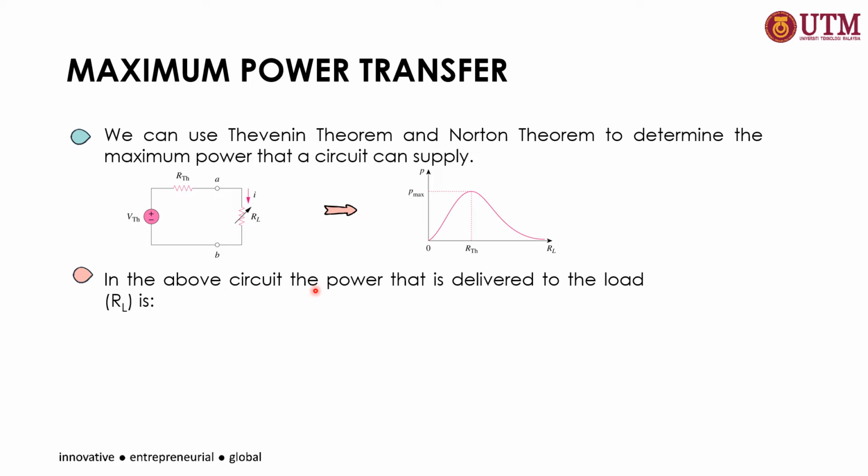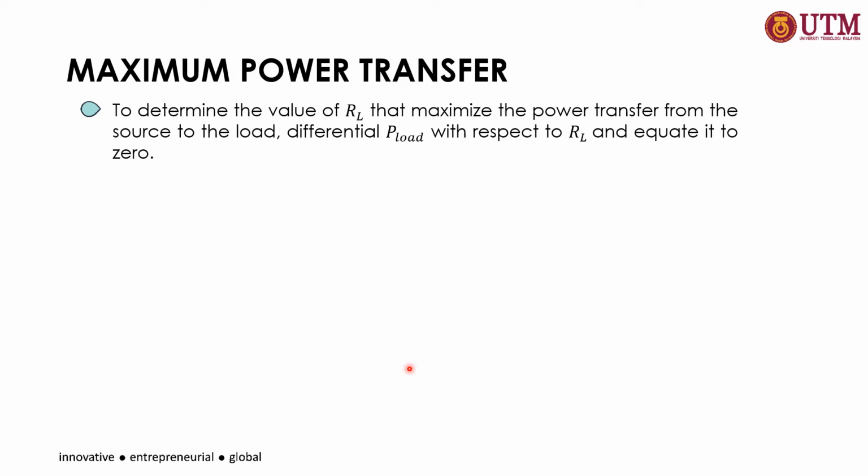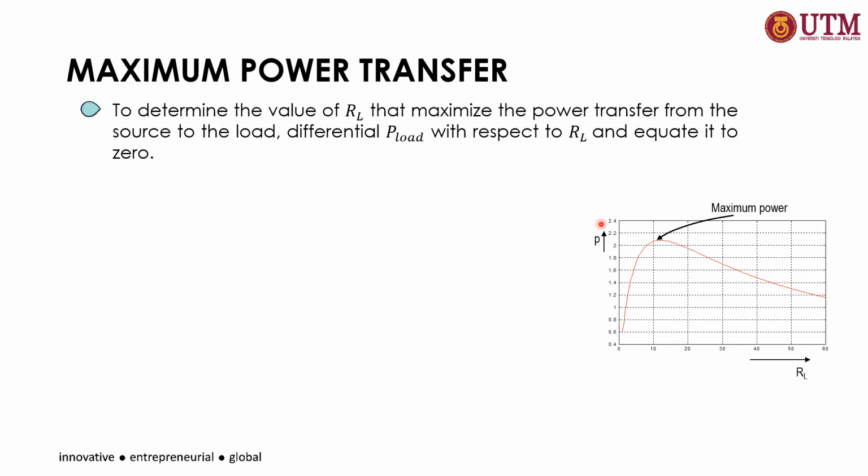In the above circuit, the power that is delivered to the load RL is given by these equations. To determine the value of RL that maximizes the power transfer from the source to the load, we can differentiate the load power with respect to the load resistance and equate it to 0. So this is the graph of power with respect to the load resistance.